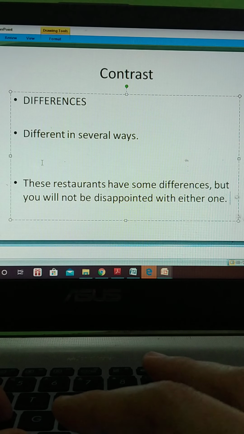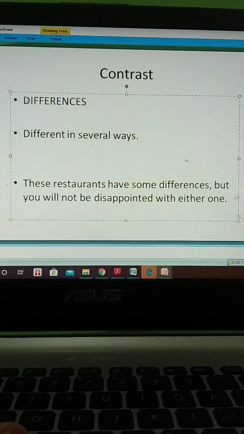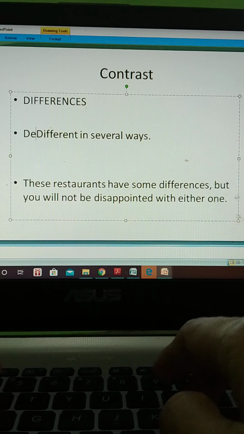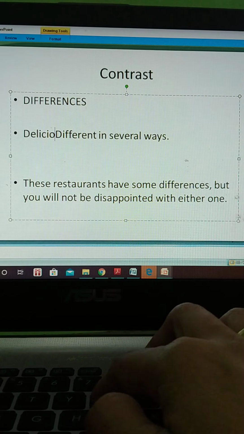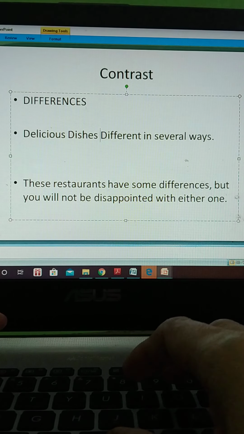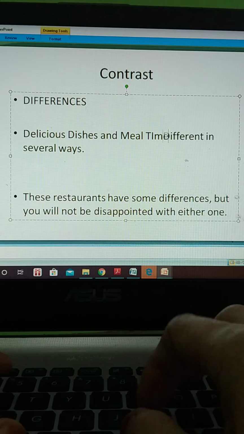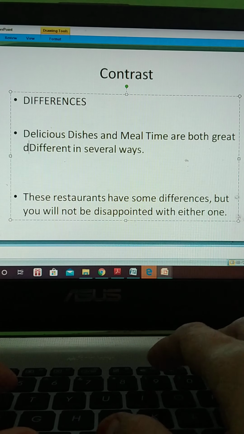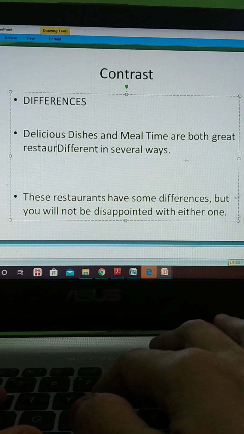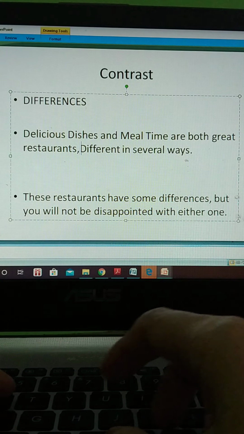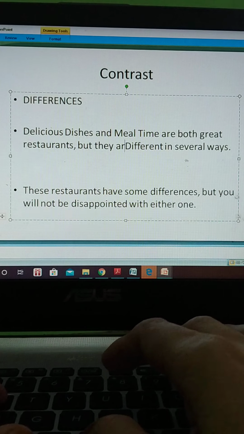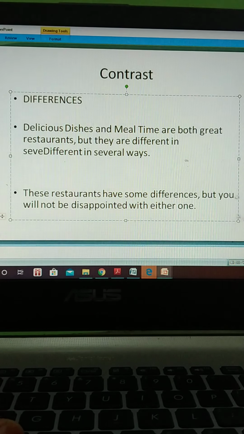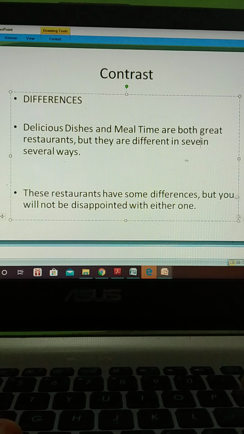So let's take a look again. I will write the topic sentence. Delicious Dishes and Mealtime are both great restaurants, but they are different in several ways. Now take a look at this.